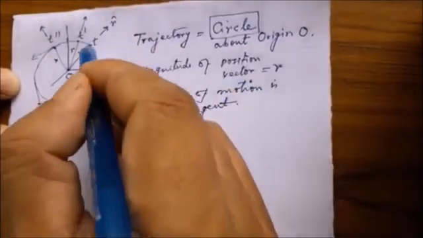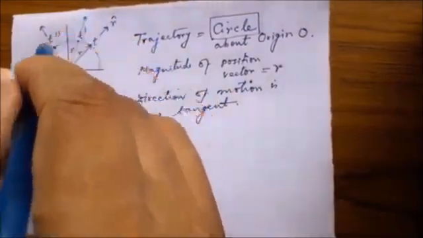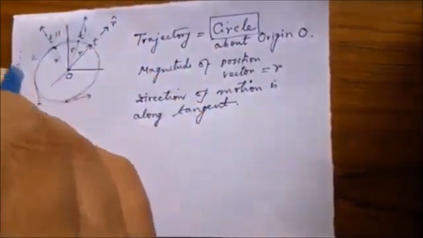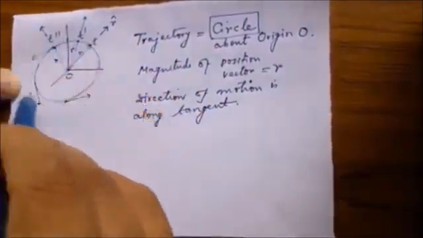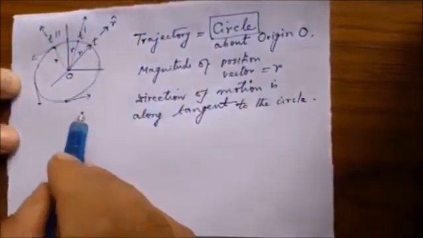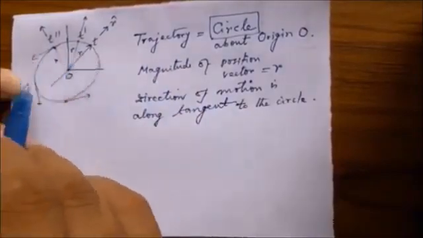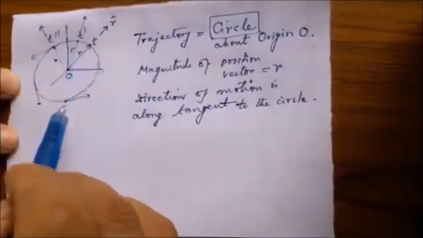It is a general r cap. R cap, this is a new r cap, this is another new r cap, and so on and so forth as it moves along the circle. And the movement might be in the anti-clockwise sense or it might be in the clockwise sense.